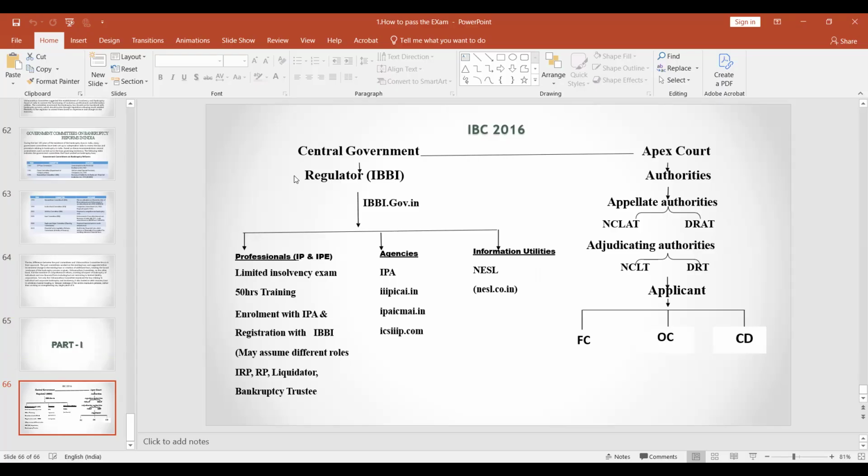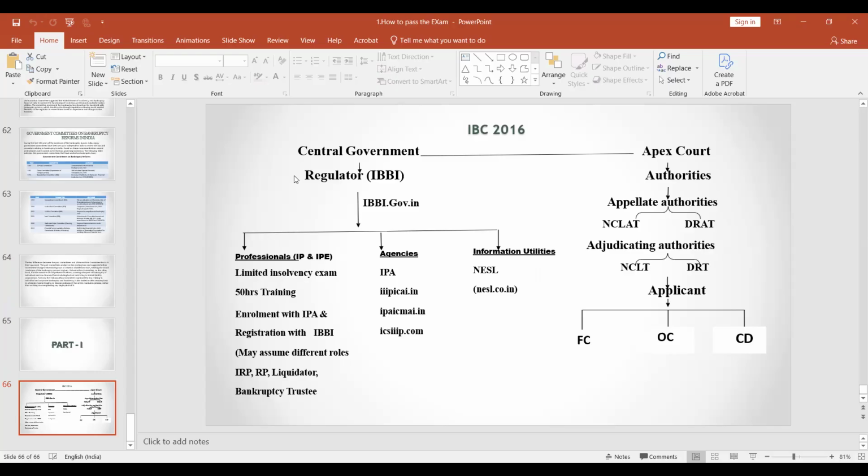And whom are they regulating? IBBI is regulating insolvency professionals, which may be individuals or entities. So it is regulating both insolvency professionals as individuals and insolvency professional entities. They are regulating the insolvency professional agencies as well.